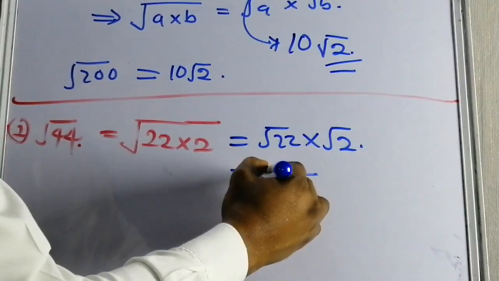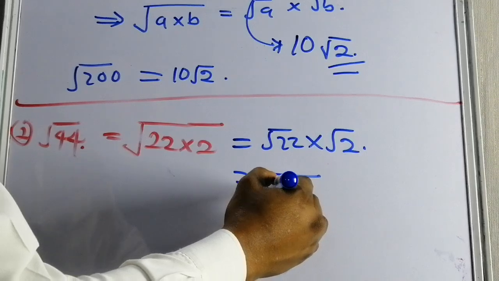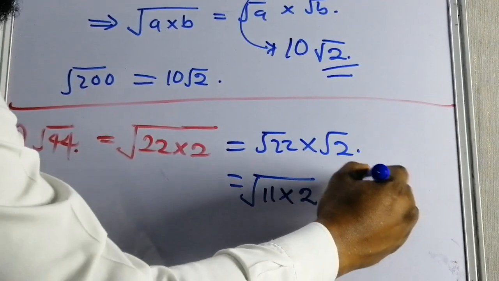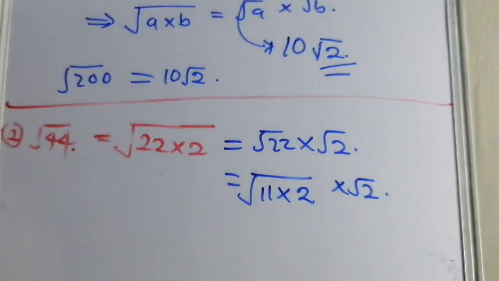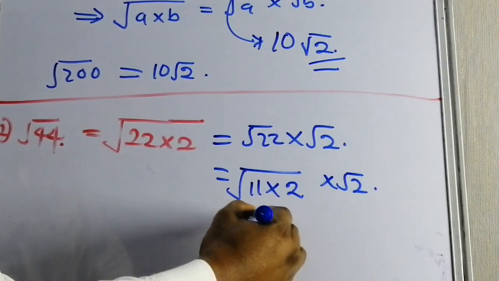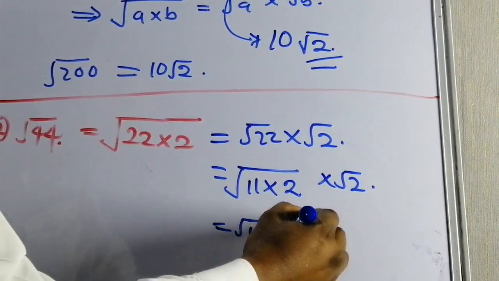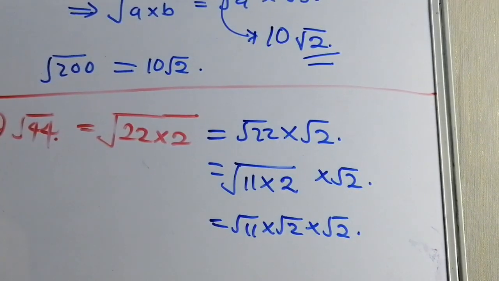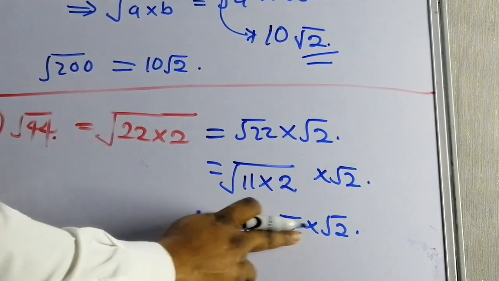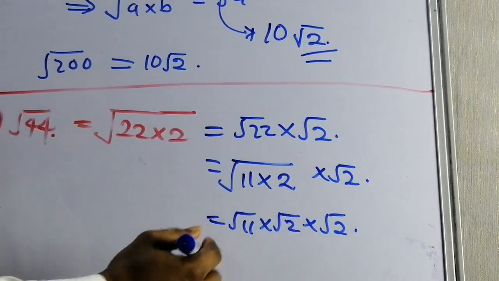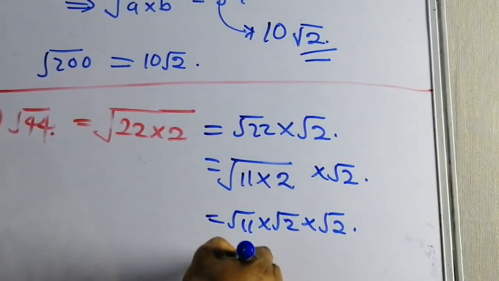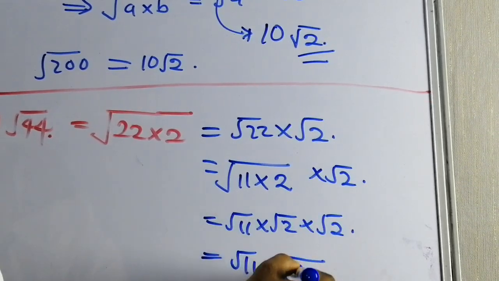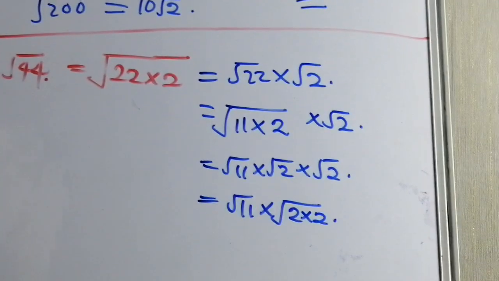I can say 22 is the same thing as 11 times 2, so root 11 times root 2 times root 2. Don't forget, in multiplication I can bring this together, which means root 11 times, take one square root and bring the two together, 2 times 2.